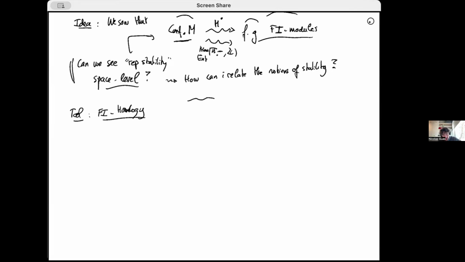Okay. So this is simply, if I take an FI module, I can construct the functor that takes this FI module and constructs an FB module. So FB is the category of finite sets and bijections. So I just forget all the non-bijective injections.